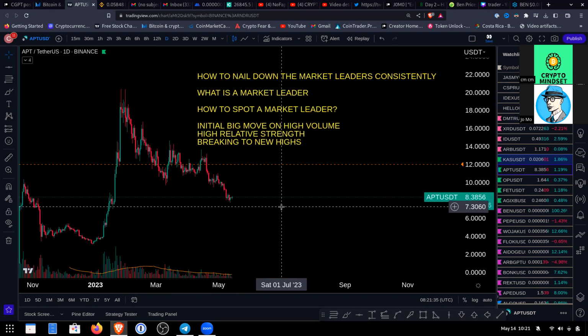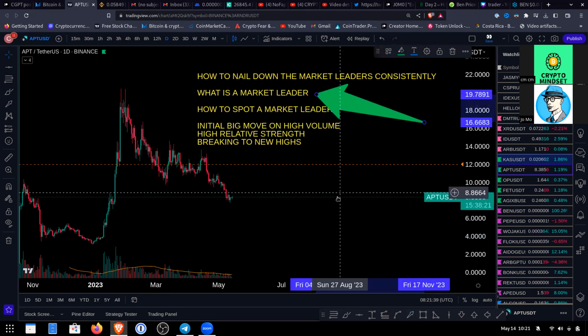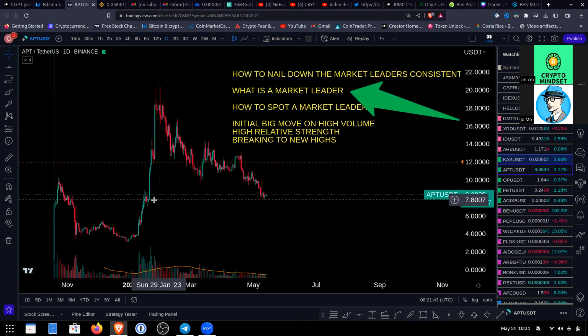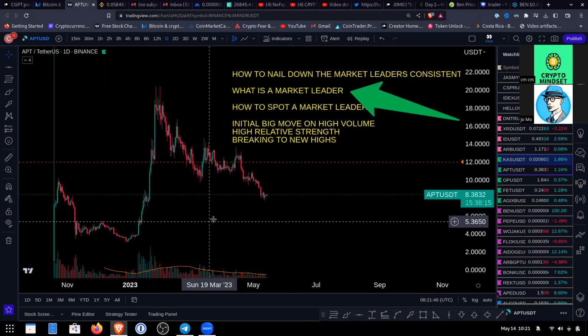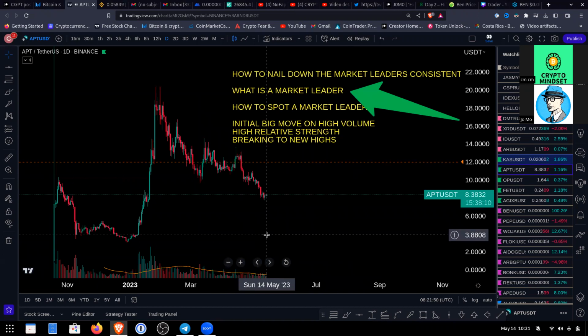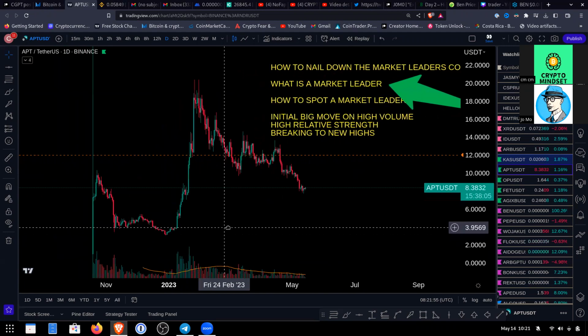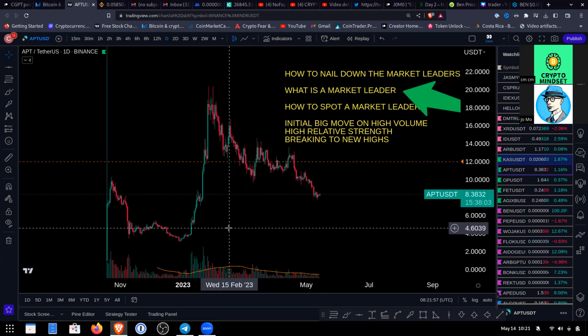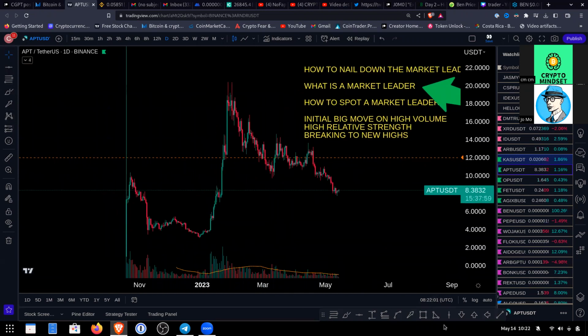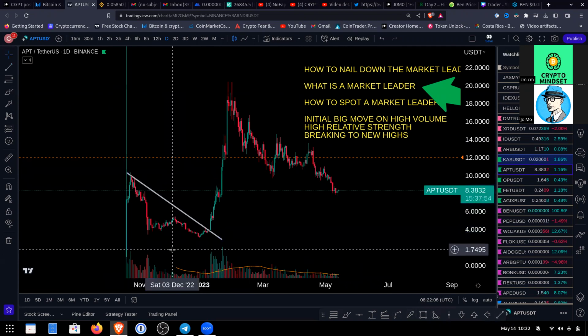So again, how to nail down market leaders consistently? First, what is a market leader? A market leader is an asset that is the first one to move out of the market lows while the market is either moving sideways for a while or actually going down. So for example, you are now looking at APT. APT was one of the first charts to go up from the lows, while BTC was only starting to move up from the 16K above.